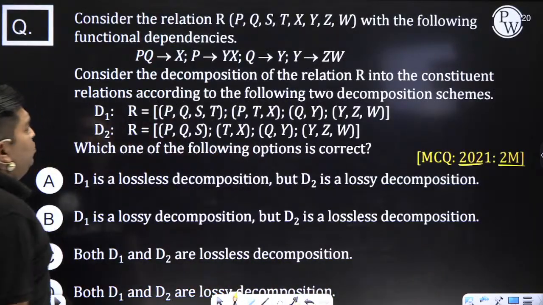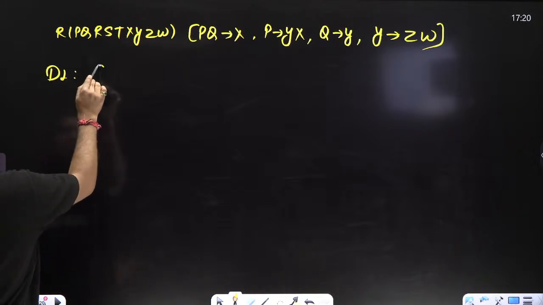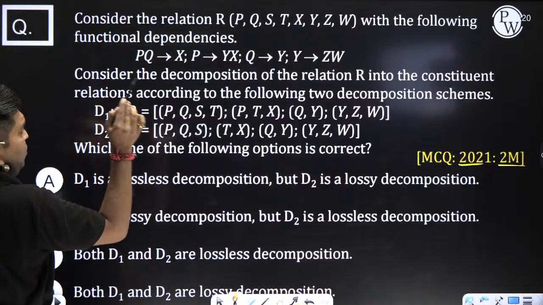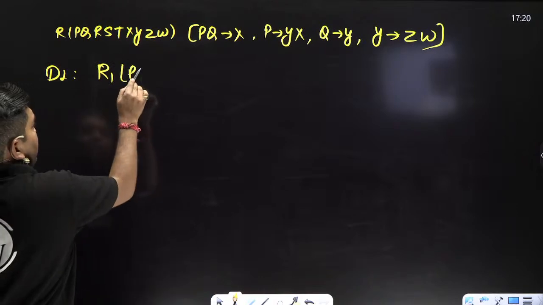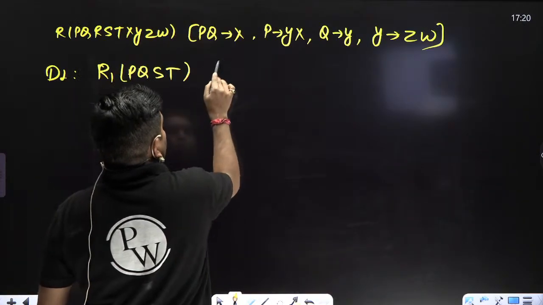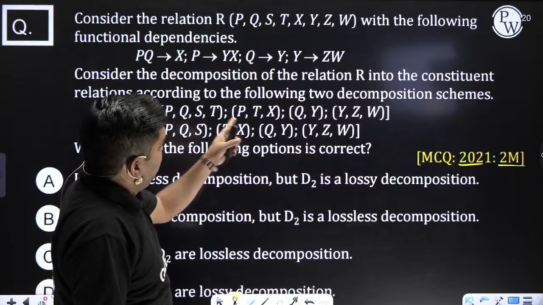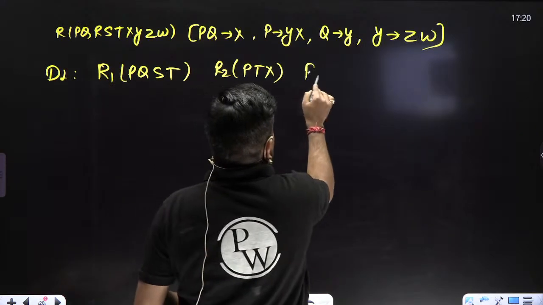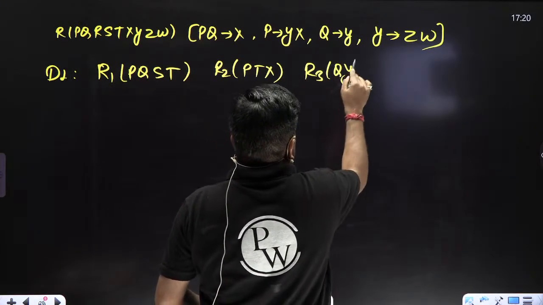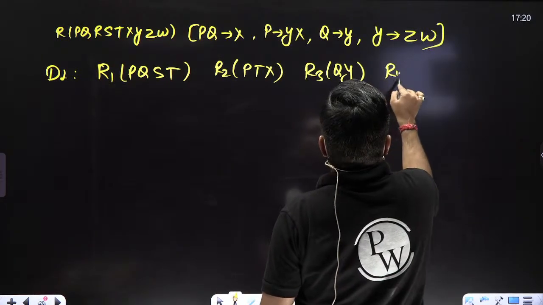Decomposition is mentioned. You can say R1 is PQST, R2 is PTX, R3 is QY, and R4 is YZW.